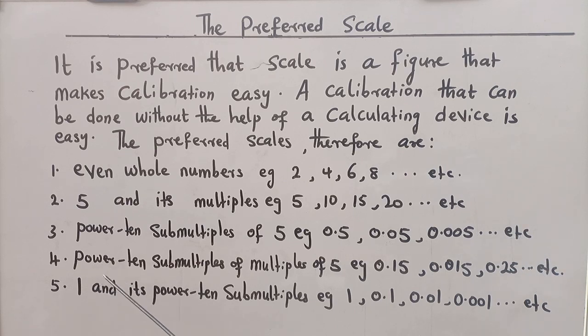The number 4 among the list of preferred scales is power 10 submultiples of multiples of 5. 5 itself has multiples. These are multiples of 5, 10, 15, 20. We can also get the power 10 submultiples of 10, 15, 20 to get things like 0.15.